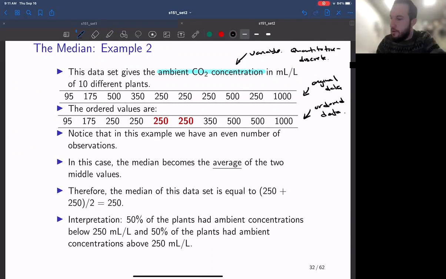Now, in this situation, we have 10 observations, which means that there are 2 values that fall in the middle. Okay, so this is the 5th observation and the 6th observation. So there isn't an actual number in the data set that splits the data into 2 equal halves. The midpoint is actually here.